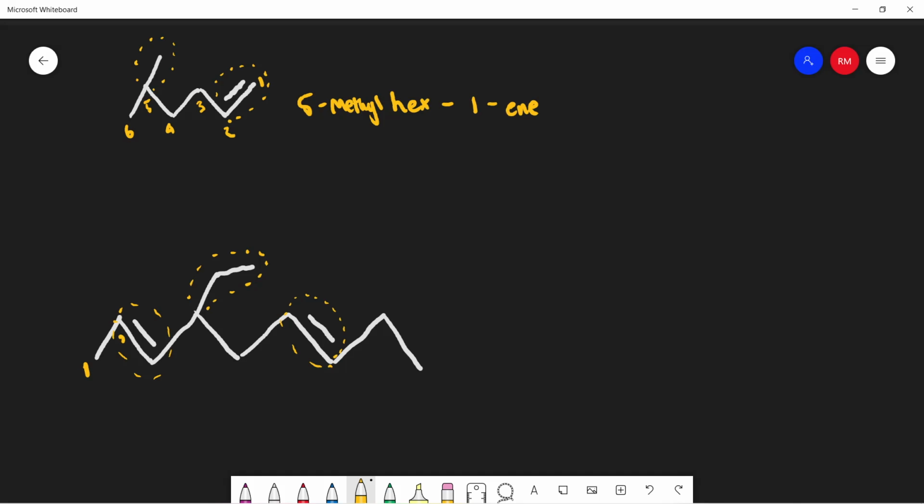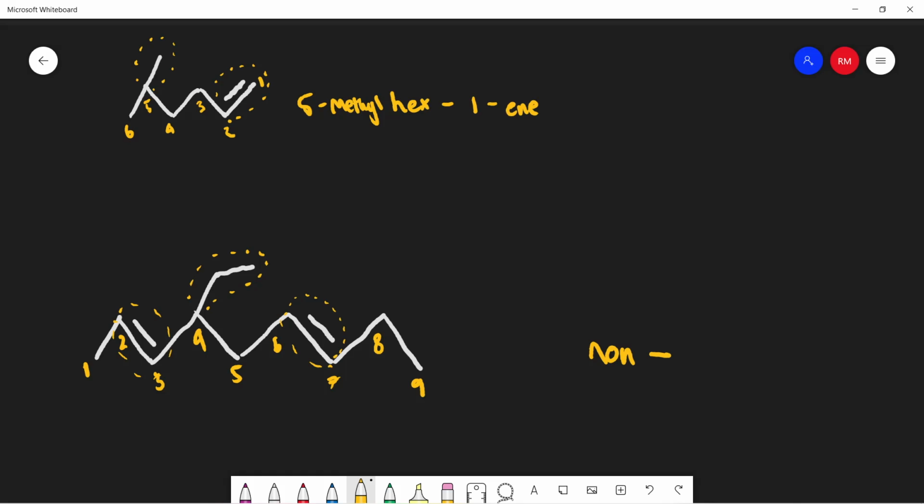So here we have 1, 2, 3, 4, 5, 6, 7, 8, 9 carbons. Nice. So this is obviously going to be non- something, and then we'll start naming the alkenes.